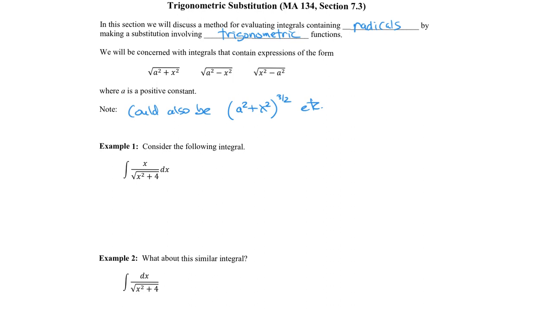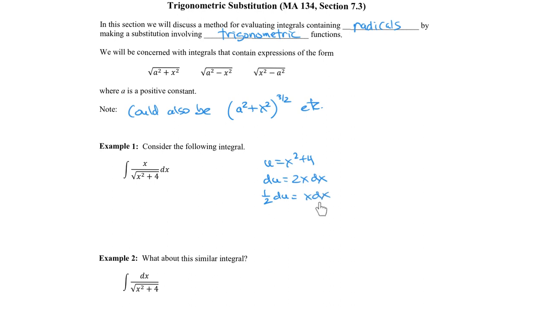So to get started, let's say we have an integral like this. We've got this one here. And with this one we think, well, looks like maybe u substitution could work, because if I let u be x squared plus 4, and I take the derivative, the factor of x is right there. So you could say, okay, I'm going to let u equal x squared plus 4, then du equals 2x dx, and then 1/2 du equals x dx.